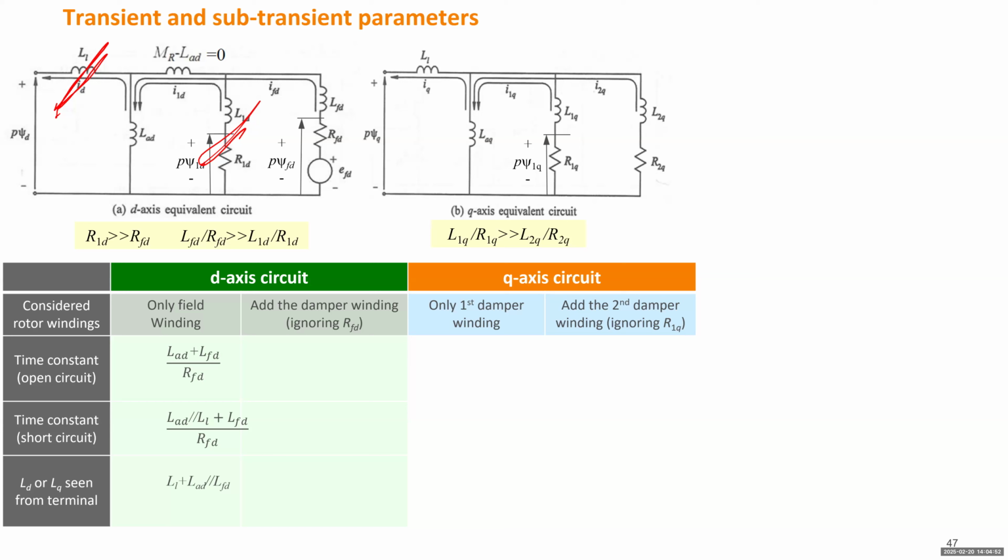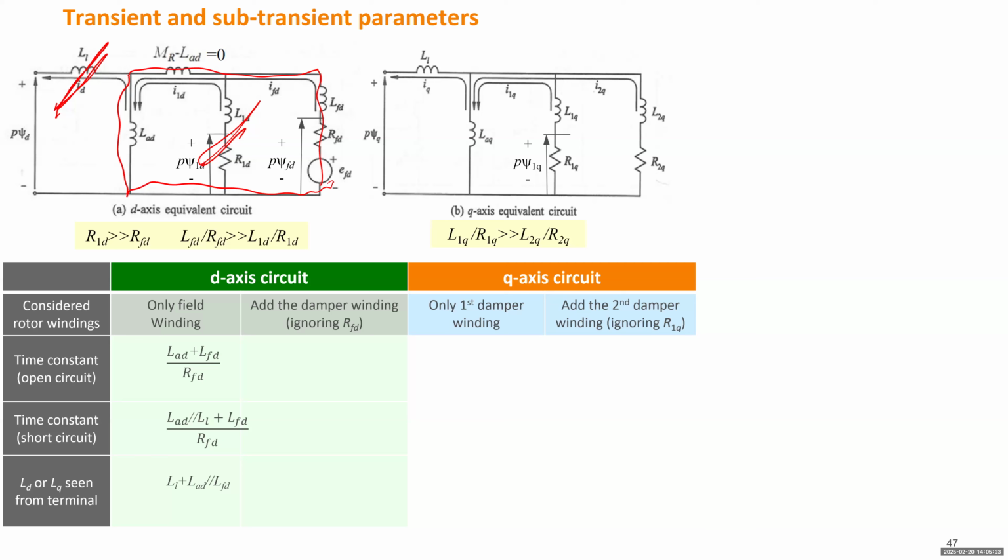We have this LR circuit with a source, with R and LAD plus LFD. So the total L will be LAD plus LFD, and the total R will be RFD. If we see the circuit finish this loop, that will be exactly the same as the RL circuit in the previous slide.